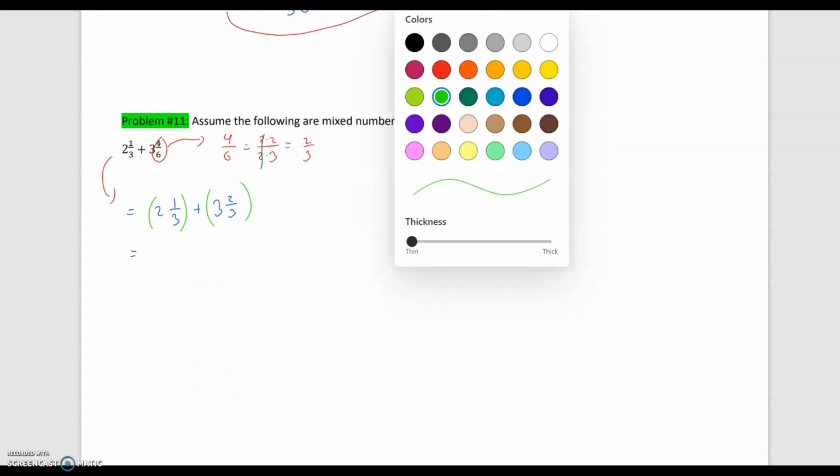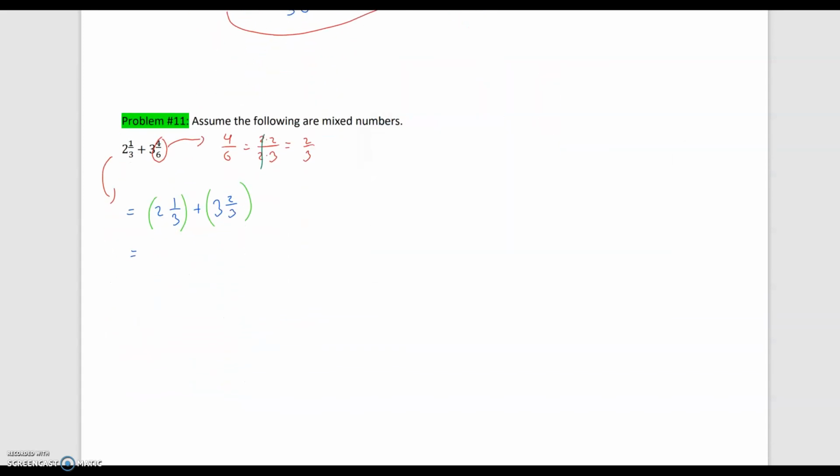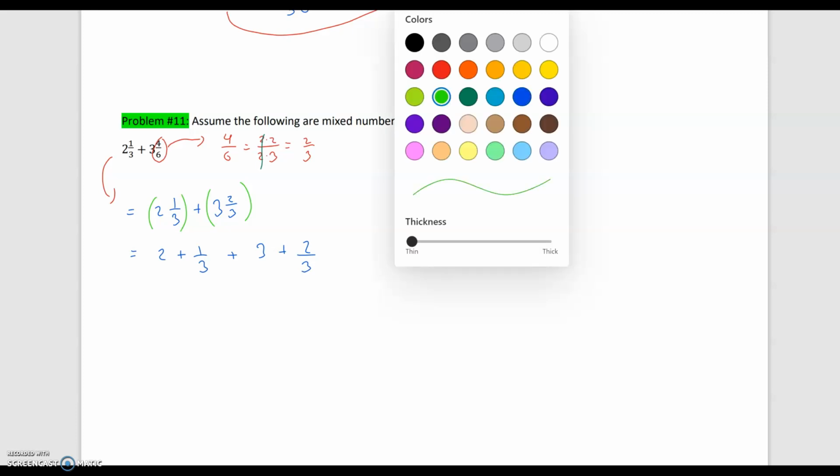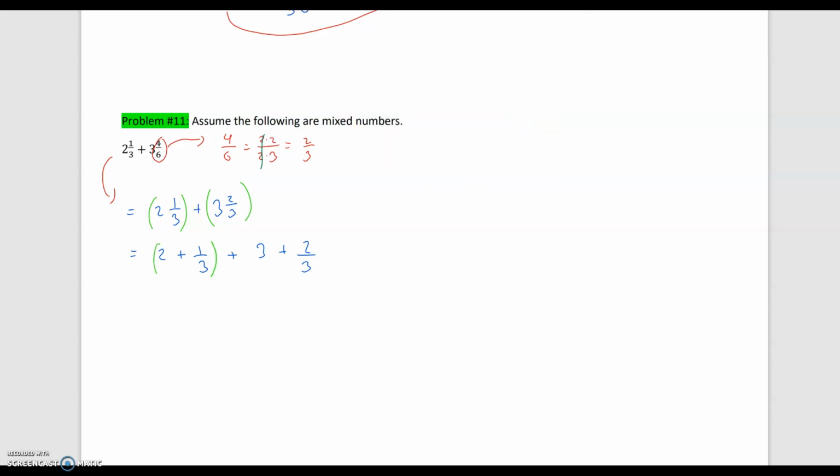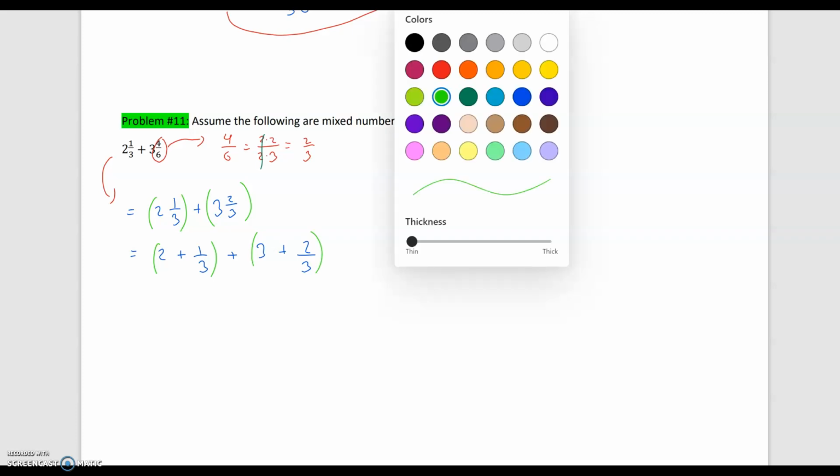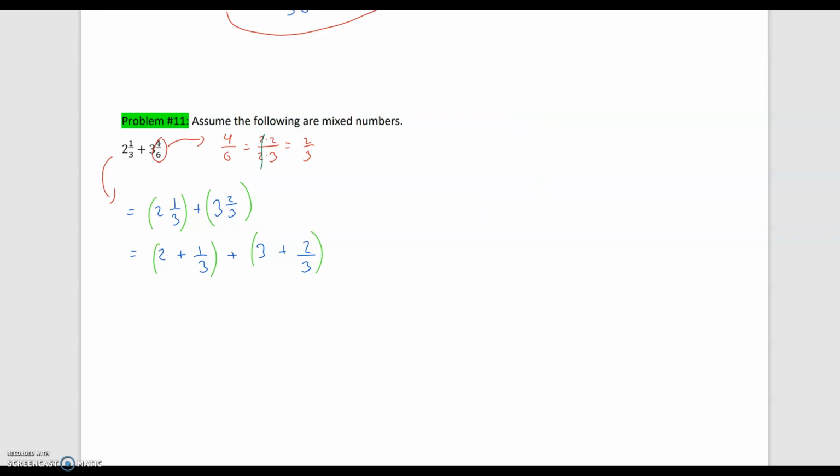So let me separate this one. So we're looking at 2 plus 1/3 plus 3 plus 2/3. And technically, we still have the parentheses there. I'll remove them in the next step since there's no negative on the outside.